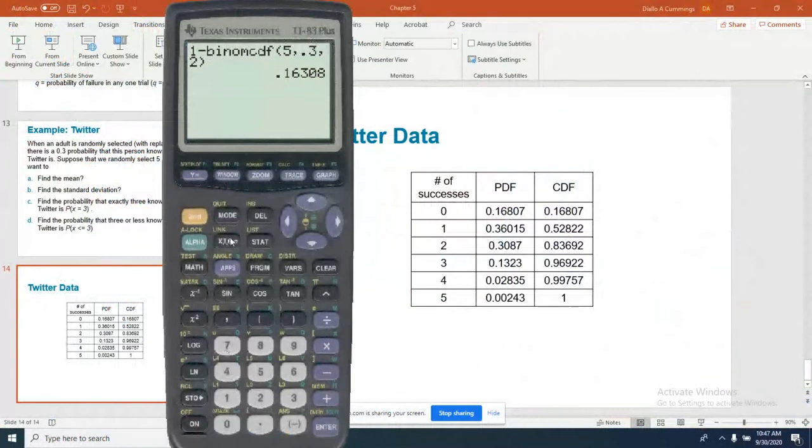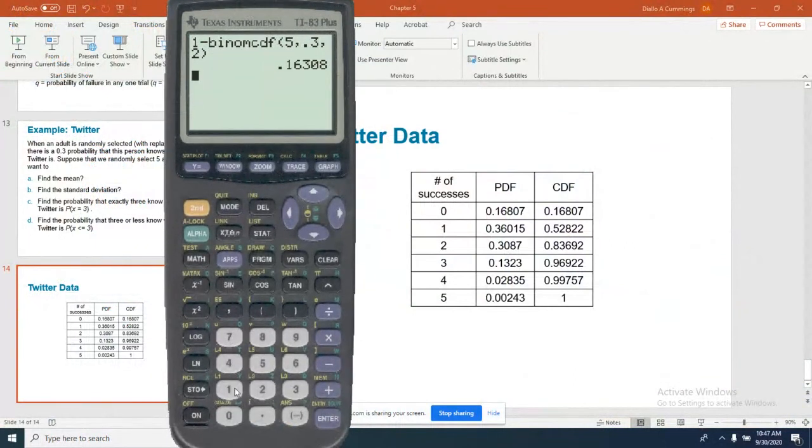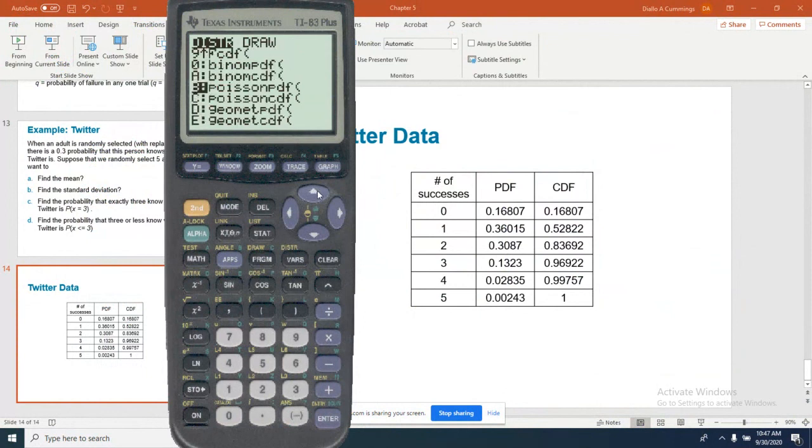All right, so I'm going to put that in my calculator as 1 minus. I'm going to go back into distribution and find binomial CDF at 5, 0.3, and 3.